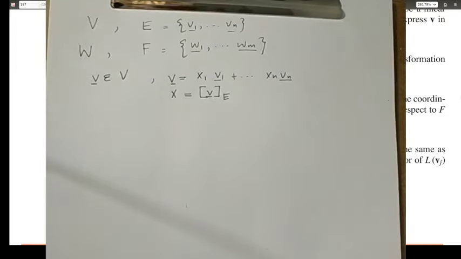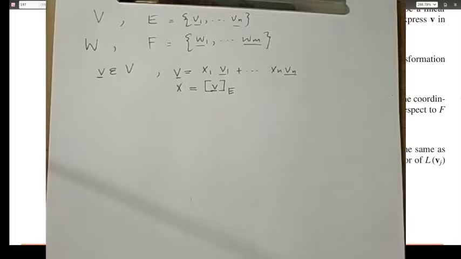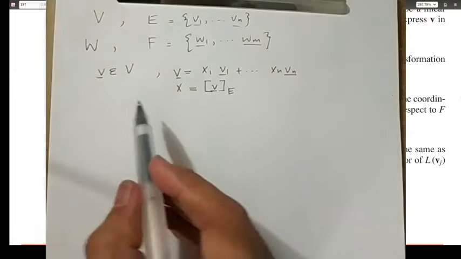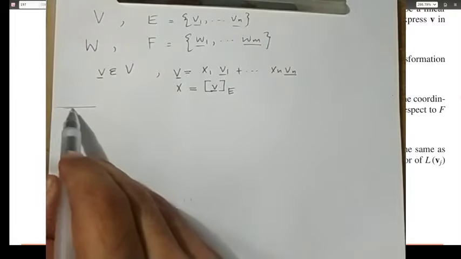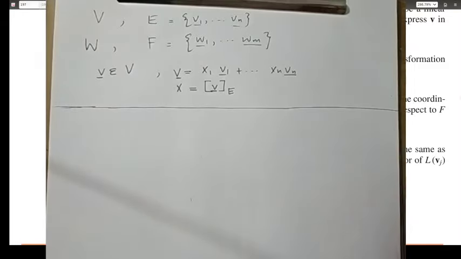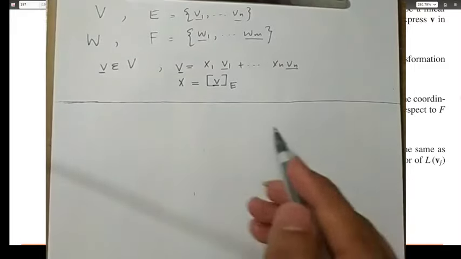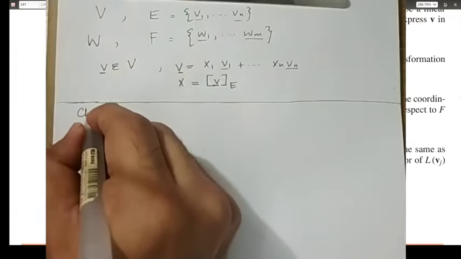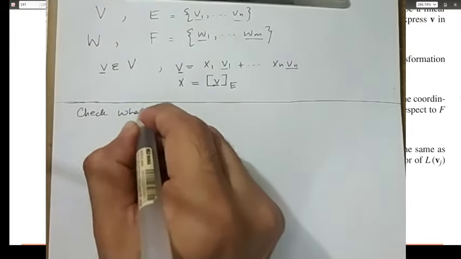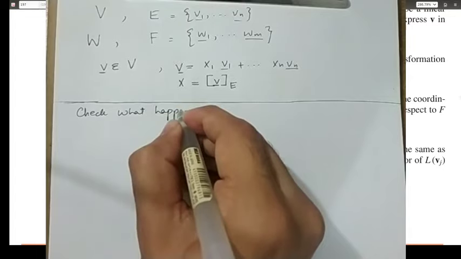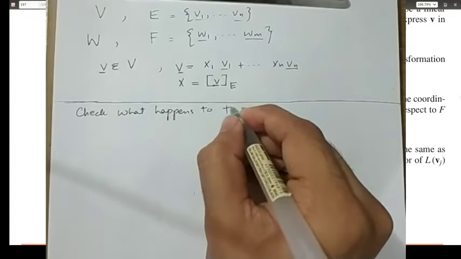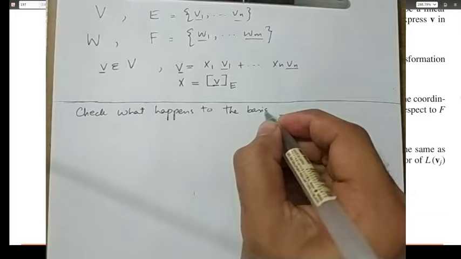So let's start to construct matrix A. And the hint is, all we need to do is check what happens to the basis vectors.